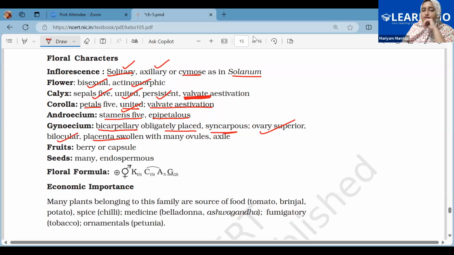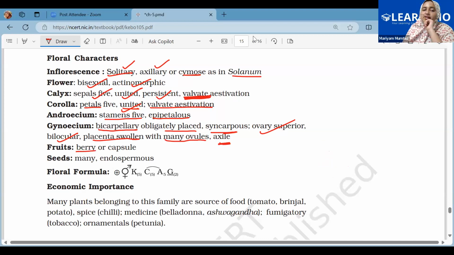The placenta is swollen with many ovules. They have many ovules, and the placentation is axile, because just like how the lemon had locules and then the seeds arranged like this. This was axile, right? So axile placentation will be found in Solanaceae.